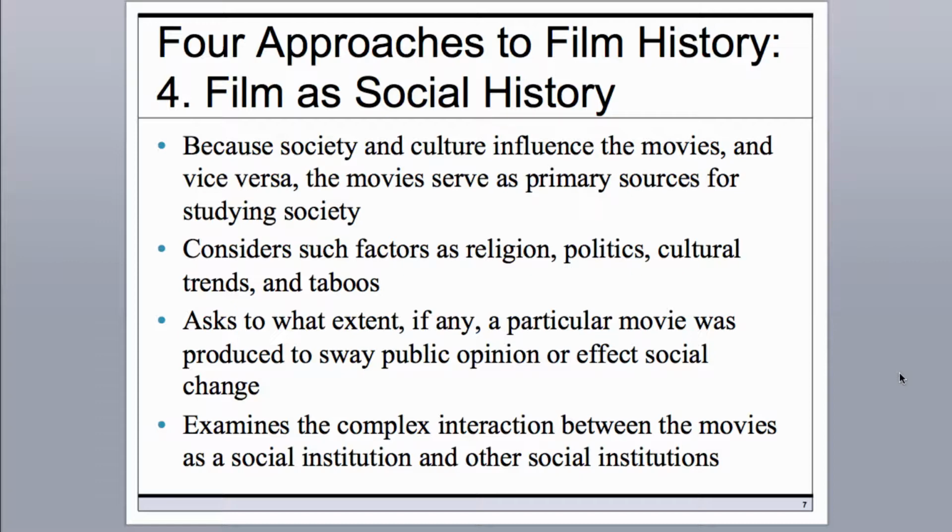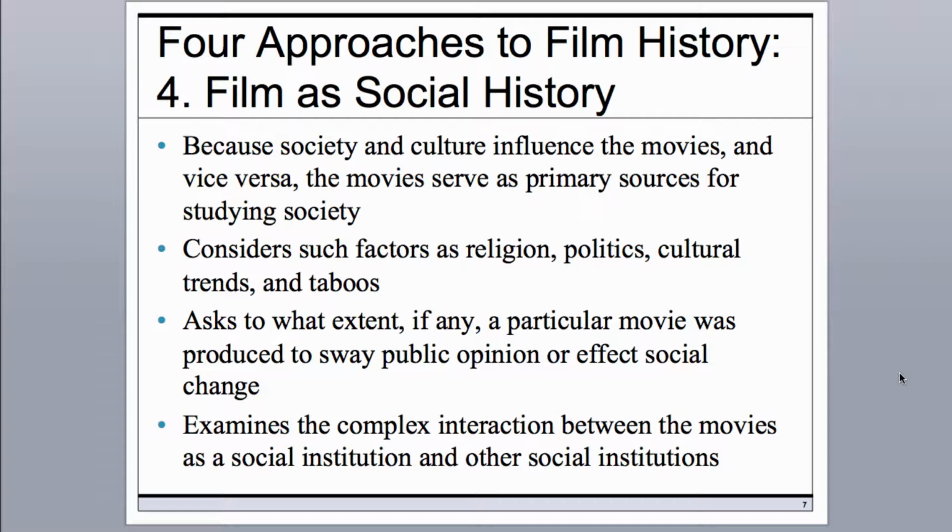So movies have served as primary sources of studying society and sociology, thinking of religion, politics, culture, trends, and what we used to see as taboo compared to what you see as being unmentionable areas that should not be addressed in public. And it asks to an extent, if any, a particular movie has swayed public opinion or affected social change in some way.